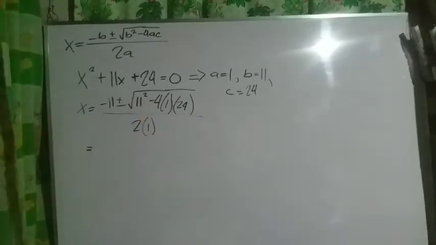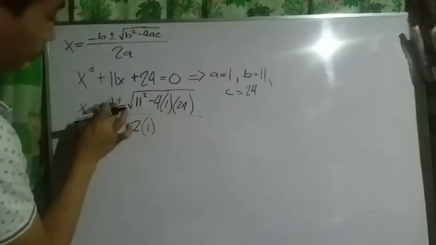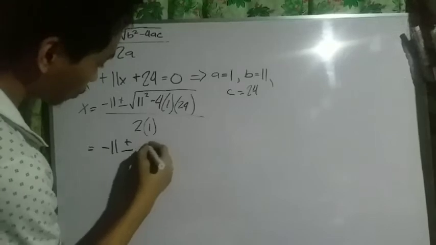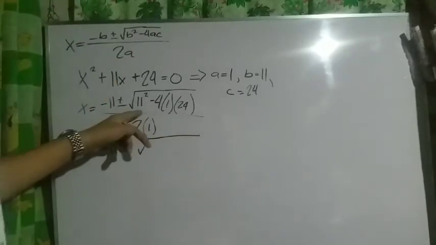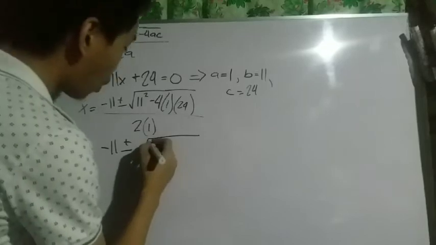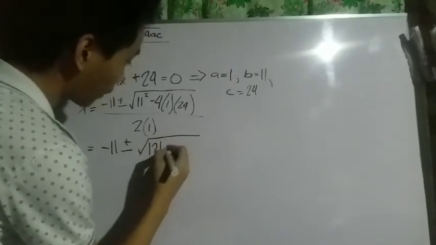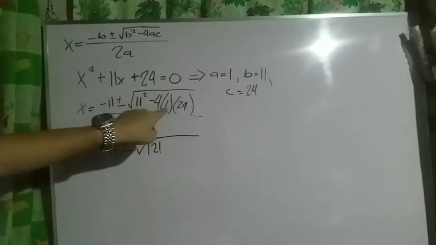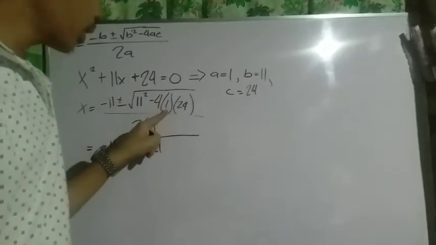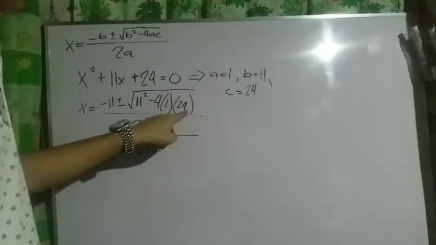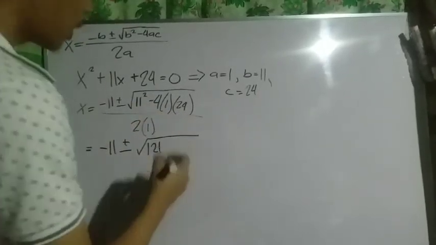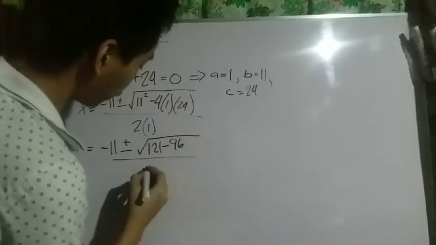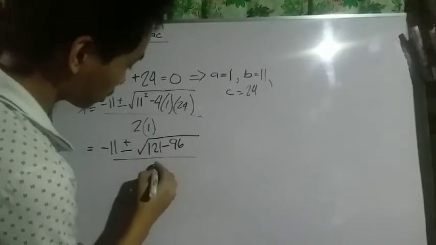So 11, we will copy it first. So negative 11 plus or minus square root of, 11 squared is equal to 121, and negative 4 times 1 is negative 4, times 24 is negative 96, over 2 times 1, which is 2.